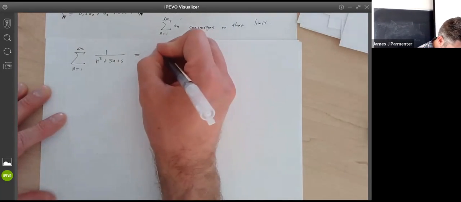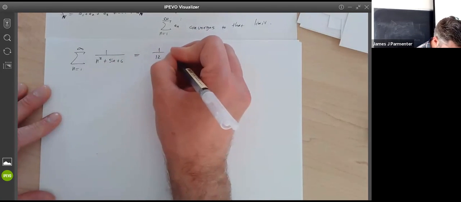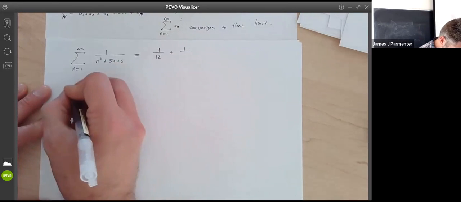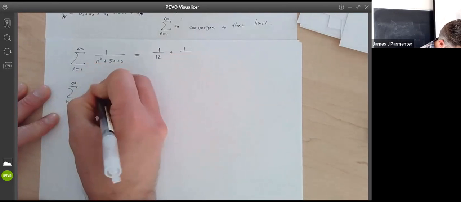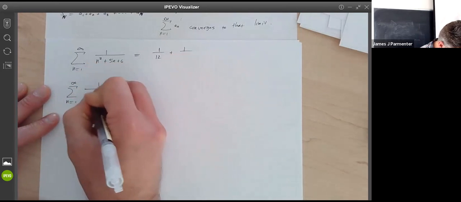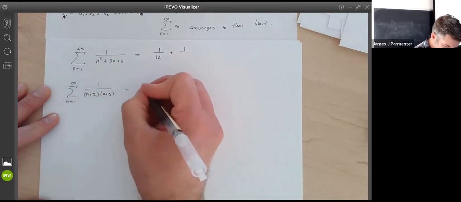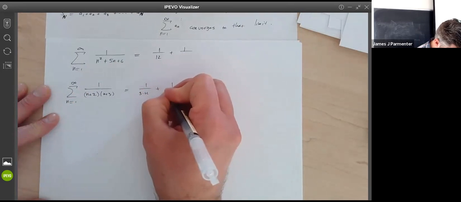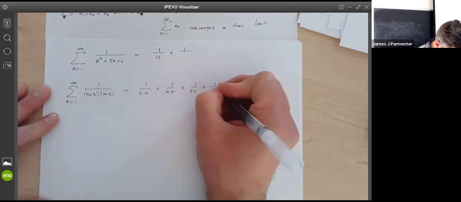I'm going to get 1 over 1 plus 5 plus 6 is 12. 1 over 4, oh man, maybe I should factor this. Might be easier. This factors as n plus 2 times n plus 3. That's going to be 1 over 3 times 4 plus 1 over 4 times 5 plus 1 over 5 times 6.